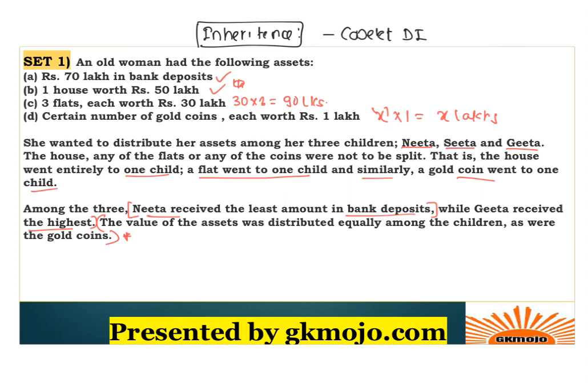So let's move ahead. We'll note down all the values over here and try to solve the set. In bank deposits, the woman had 70 lakhs. She had one house also, worth rupees 50 lakhs, correct?